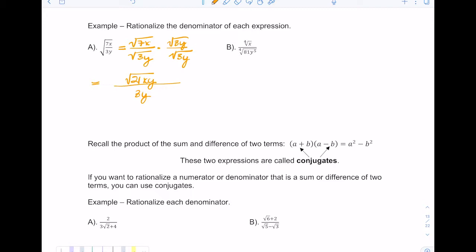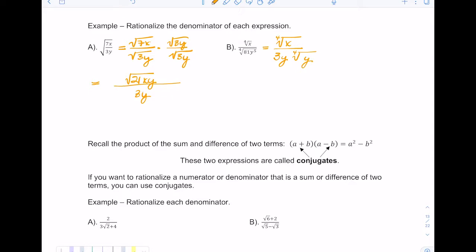In letter B, I have two fourth roots, okay? And we're gonna look to see first, can we take the fourth root of any of those terms? So I can take the fourth root of 81, which is 3, because 3 to the fourth is 81. I can take the fourth root of y to the fifth. It would leave me with y, and then there's gonna be a remainder of y inside.